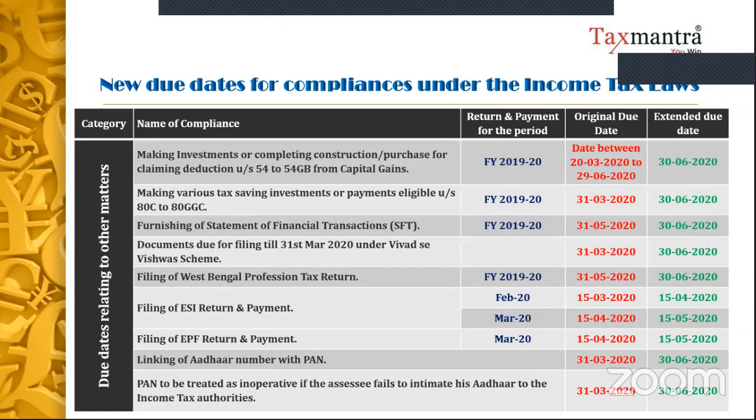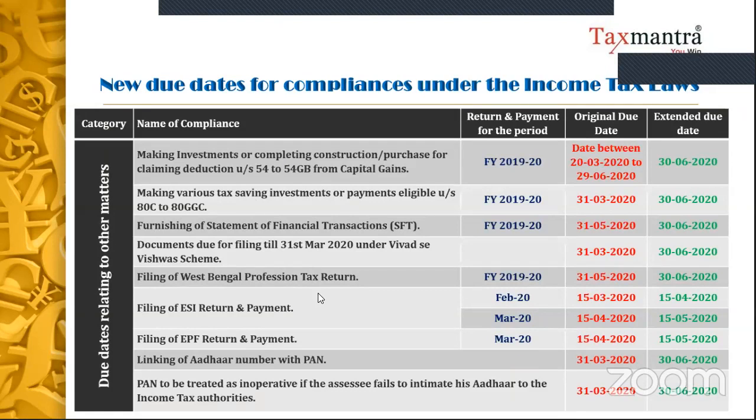Similarly, for March 2020, any payment or return under ESI schemes, whose original due date was 15th of April, has been extended to the 15th of May. Filing of EPF return and payment for March 2020 has been extended to the 15th of May from the 15th of April.